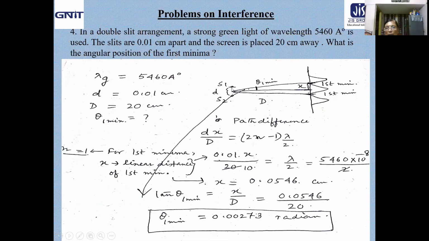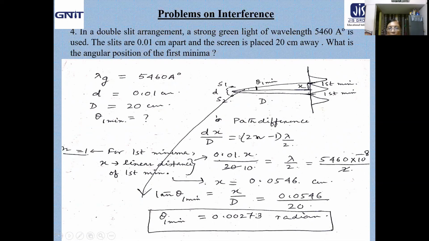Now, what about the angular position of first minima? Obviously, with respect to the baseline. So, from here, if you draw a line connecting this first minima, the corresponding angle from the position of central maximum will give you theta first minima. Similarly, here theta first minimum exactly. Both are there. That's why first minima is considered.